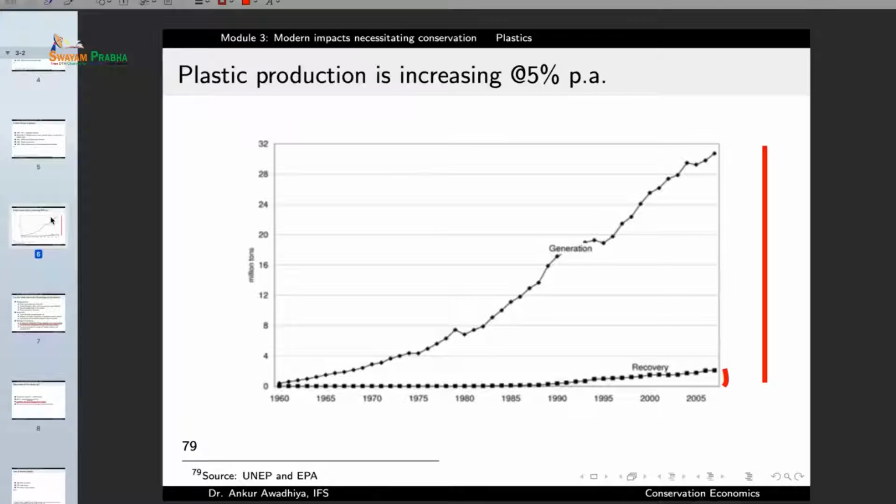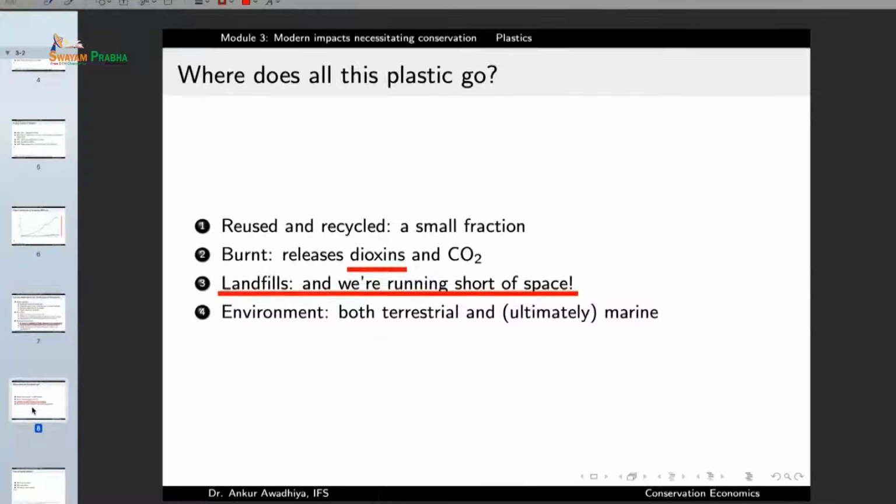But then remember that we are generating plastics at an ever increasing amount. So we have a large quantum of plastics that is being generated, and we are now running out of space in the landfills. Now remember again that plastics are very light materials.